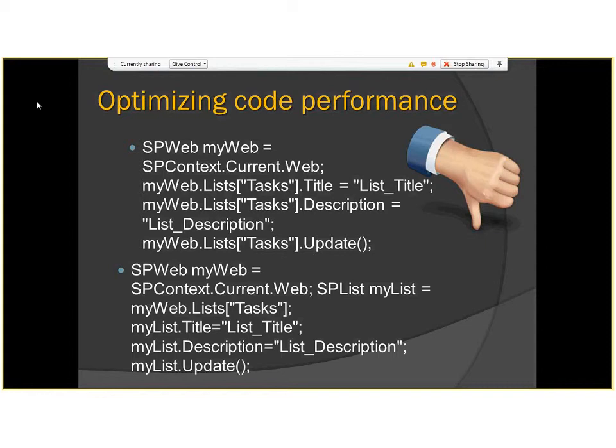As you can see, it is myList.Title and then myList.Description, and after that I am calling myList.Update. So I am updating it only a single time, rather than doing it on each line. That makes sense, because I'm not invoking the list on each line, but I'm invoking it in a cumulative way, right?